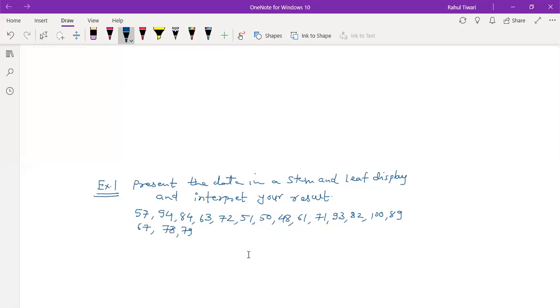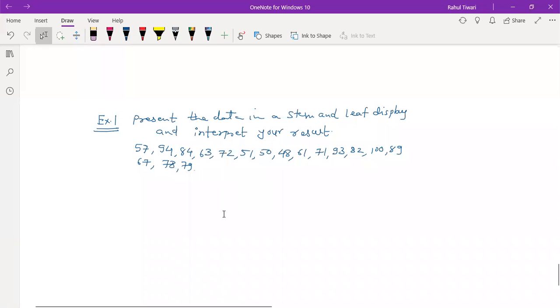Suppose I have just considered these data. So how many observations do we have? 2, 4, 6, 8, 10, 12, 14, 16, 17. Let's take only 17 data, we have, right?